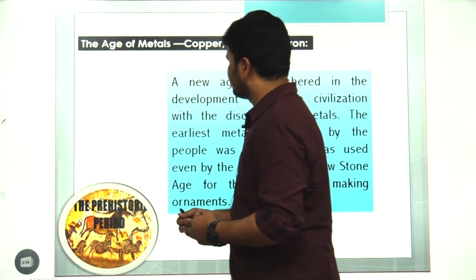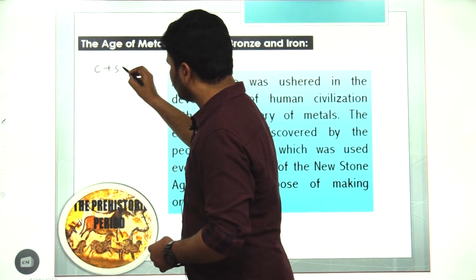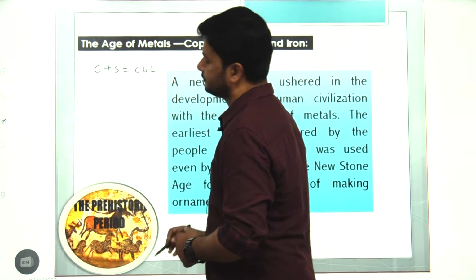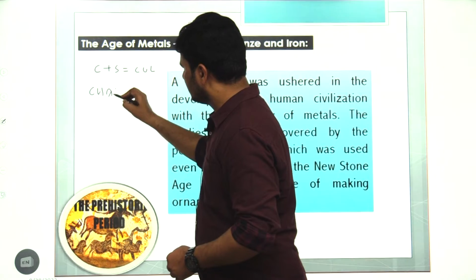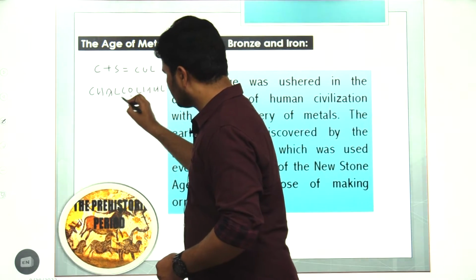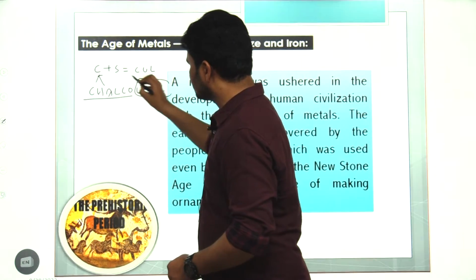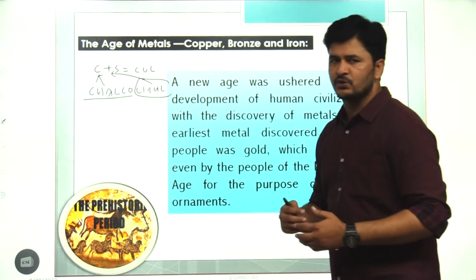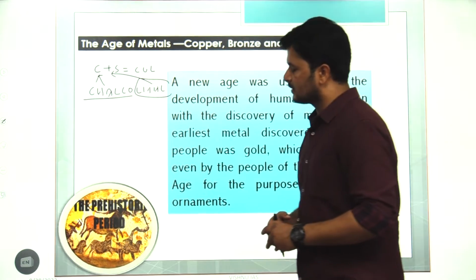So when I say the age of metals, copper, stone age cultures we call them. That is Chalcolithic. Chalco means copper, lithic means stone. So copper, stone age cultures. I'm talking about the etymological meaning of Chalcolithic cultures.